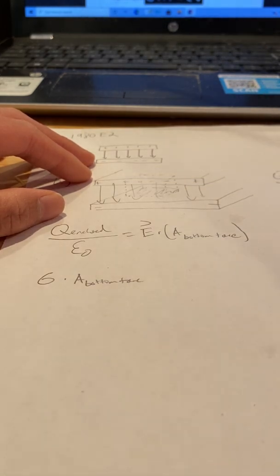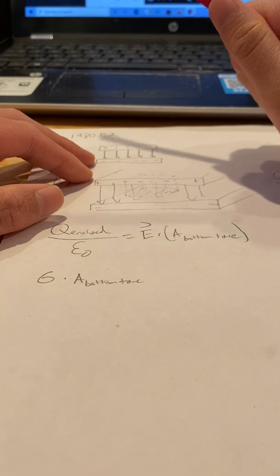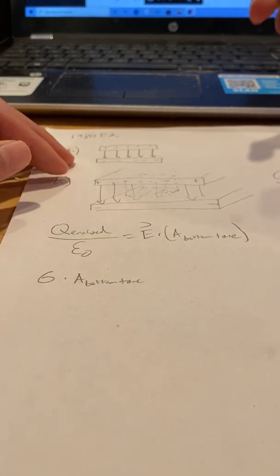Hold up, since the charges are all on the very edge of the plate, and it says the charge density is per unit area, all we really have to do is multiply that charge density per unit area times the cross section of the rectangular prism, which would just be the same as the area of the bottom face.